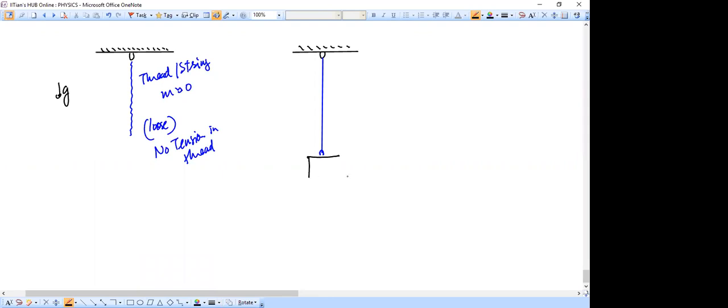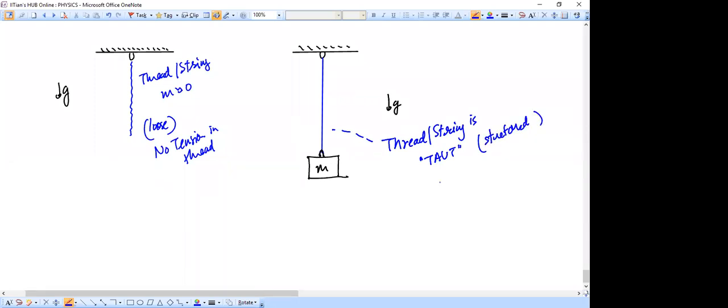So if I have suspended some weight using some hook over here, because of gravity acting, the string becomes stretched. The thread or the string is now taut, or stretched out, and it has a tension. So it develops tension T. Now that tension acts along its length.